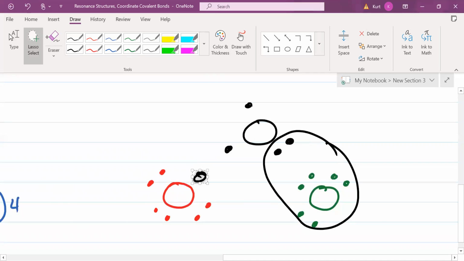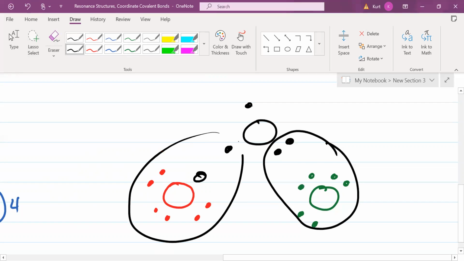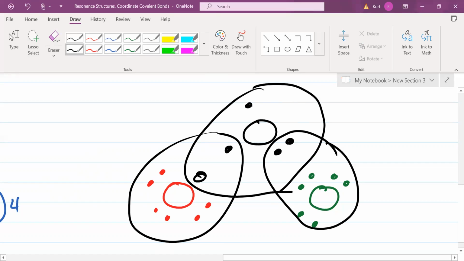Coming right here. How many electrons does the red one have now? 8. We have 2, 4, 6, 7. We have 7 there. 1, 2, 3, 4, 5, 6. I left one out. All right.